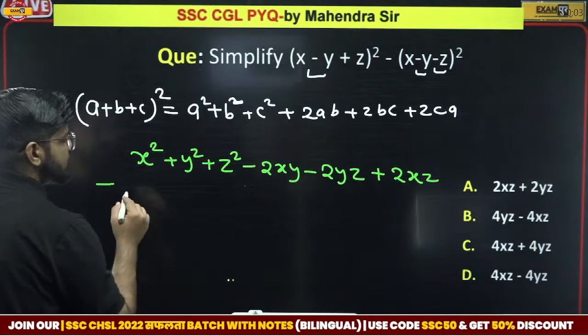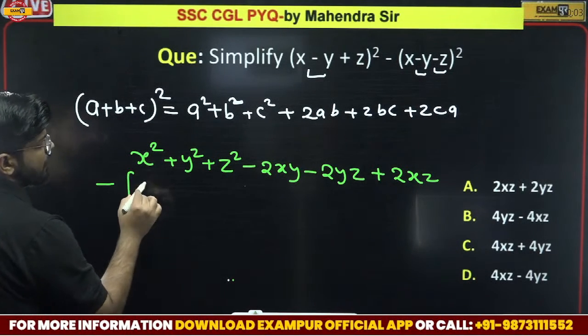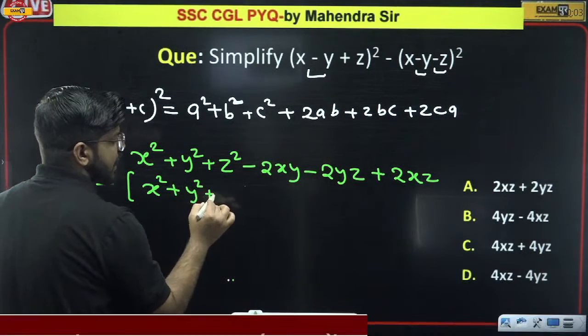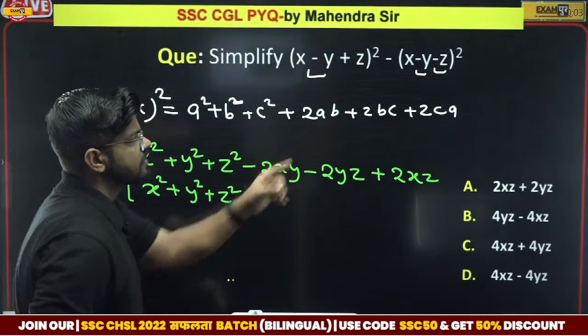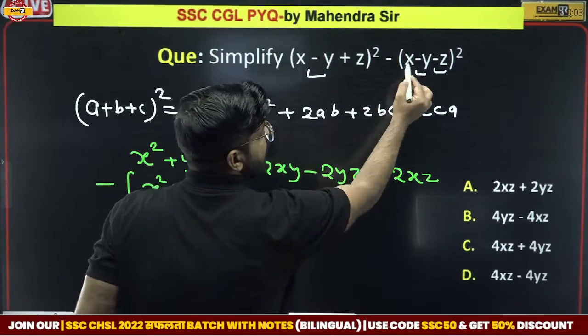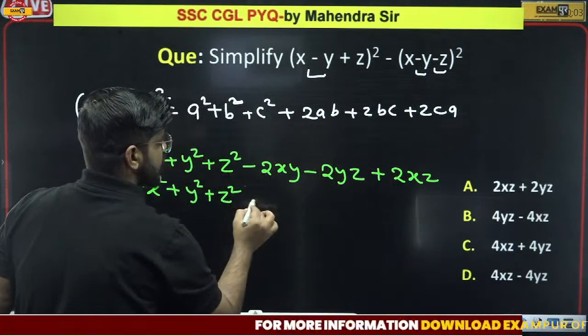So see how we have to solve this. We have x square plus y square plus z square as it is. For xy we have x positive, y negative, so minus 2xy.